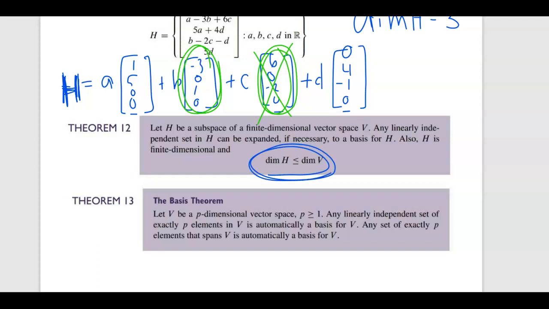If you find a linearly independent set of vectors in V and the dimension of V is p, and you find p independent vectors, then that has to be a basis, because the basis can't have a dimension bigger than the vector space itself.